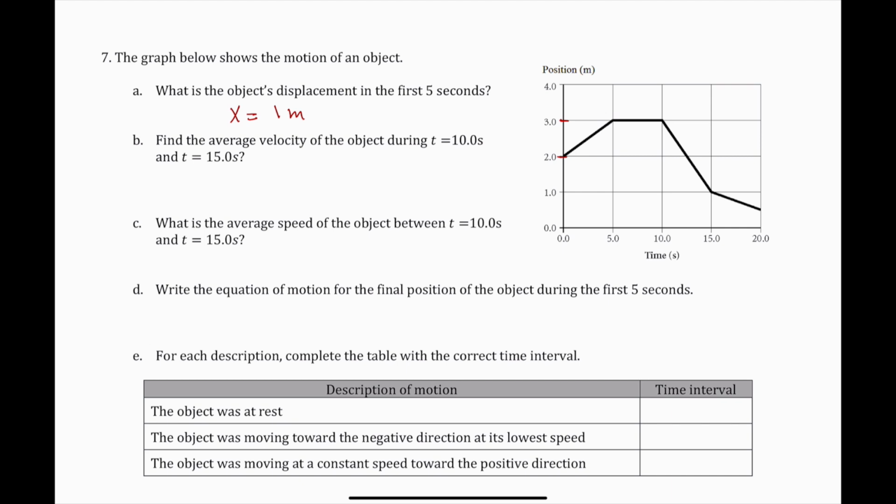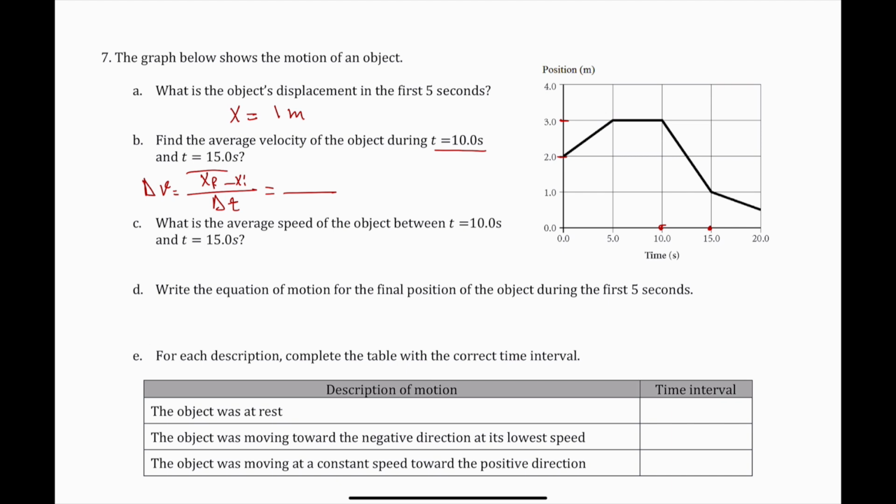B. Find the average velocity of the object during t10 and t15. So it's here, 10 and 15. The average velocity delta v equals x final minus x initial over delta t.